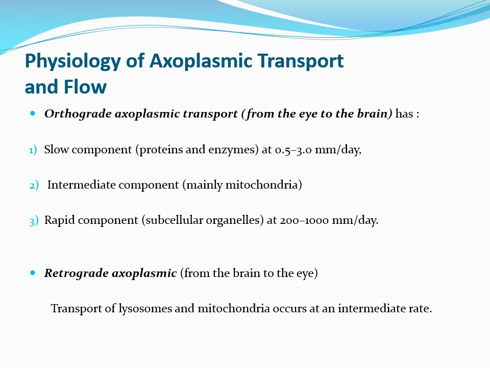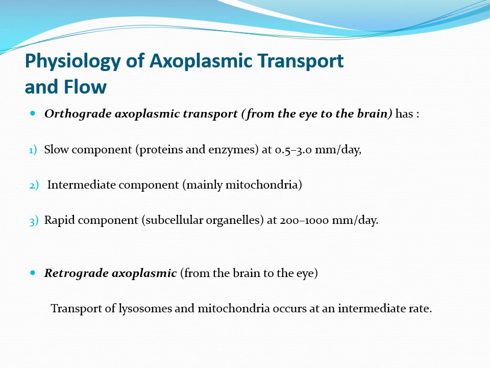Now there is a transport of axoplasmic flow going across the optic nerve all the time. How does this axoplasmic transport work? It has two components. One is orthograde axoplasmic transport, that is from eye to the brain. Through this axoplasmic transport, visual impulses travel.